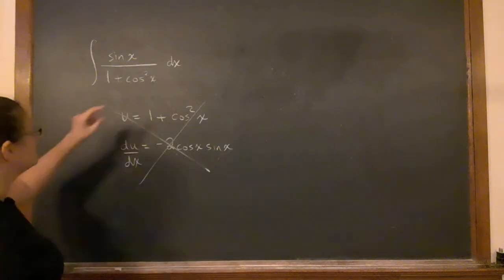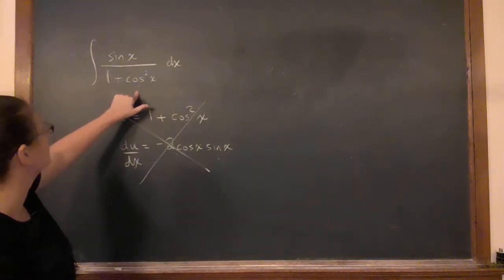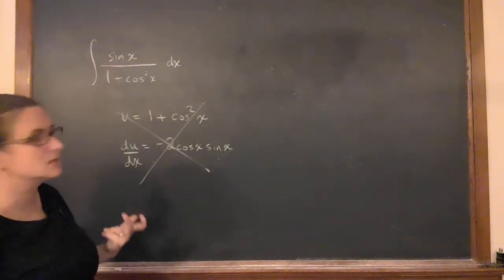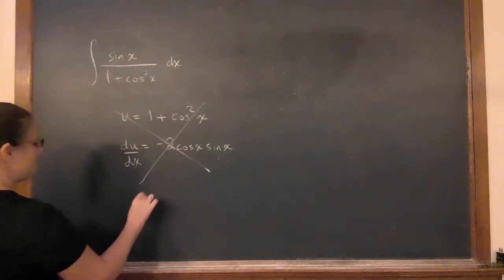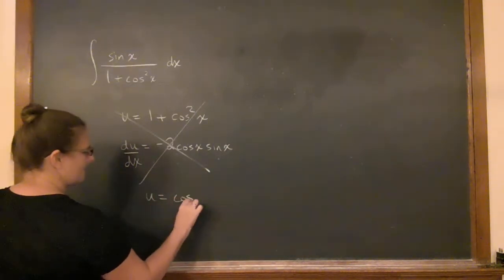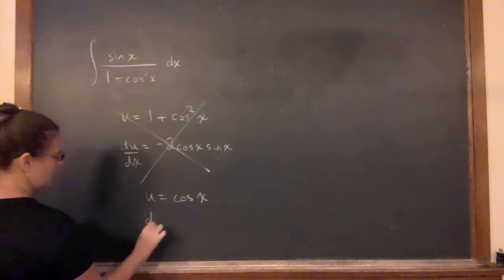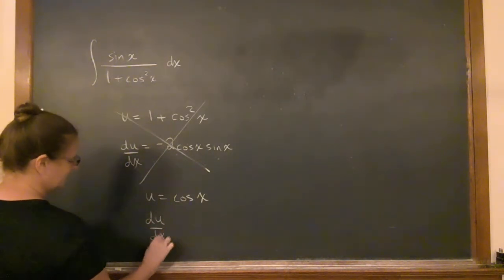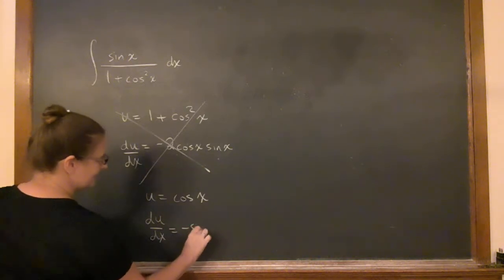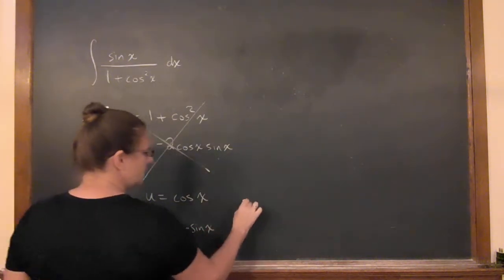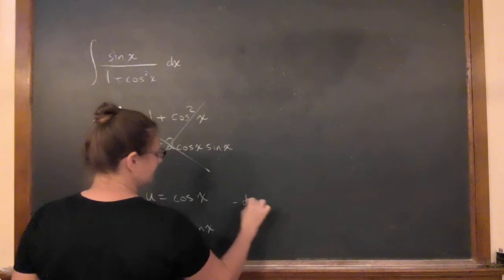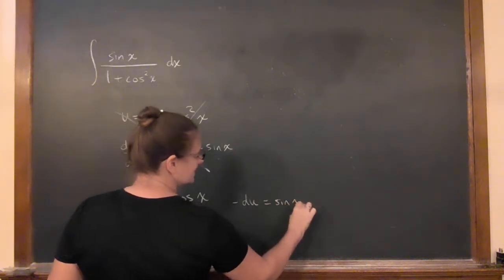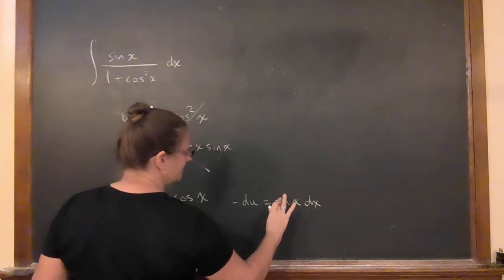Notice if I just made cosine of x u, then I have my sine x dx like I need, right? So let's try that. Then du dx is minus sine x. So minus du is sine x dx, right?